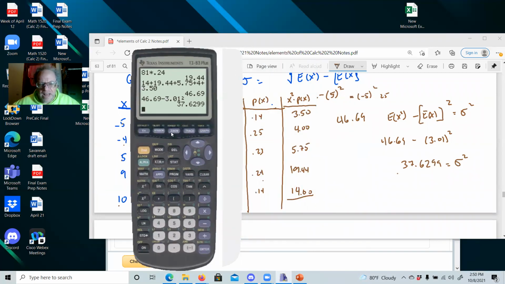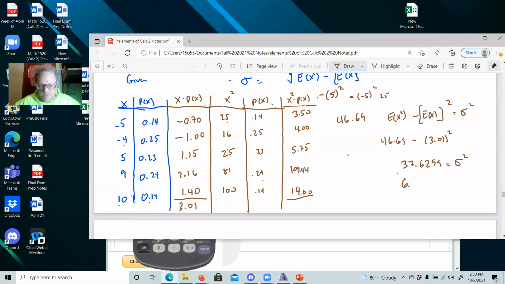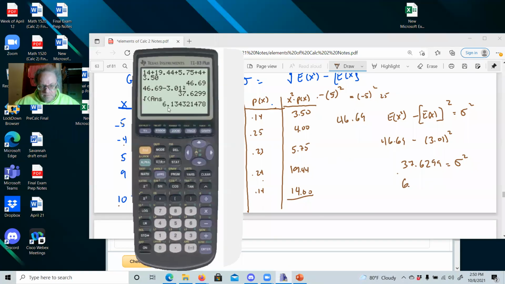All right. So now we're going to take our square root. So second function, square root, second function, answer, so that way I don't have to type it in again. It's just the previous answer, equals, and we end up with 6.1343.